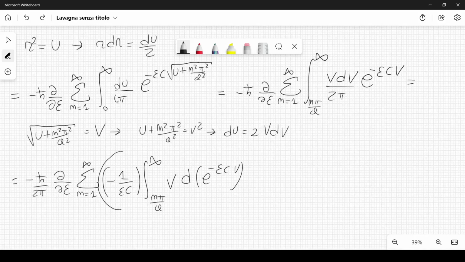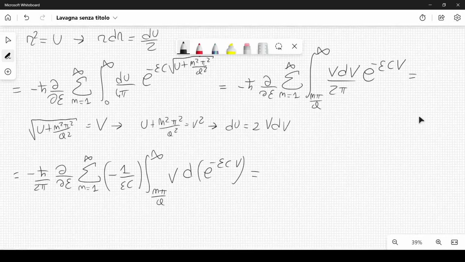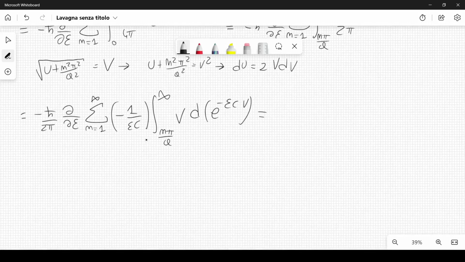So this factor here comes from the fact that you have put this decaying exponential inside the differential, right? So when you take the differential of this, you have to differentiate with respect to the variable v, and therefore you will get rid of that factor there. Now I have rewritten it in this form because we can integrate by parts. That's why I have done this.